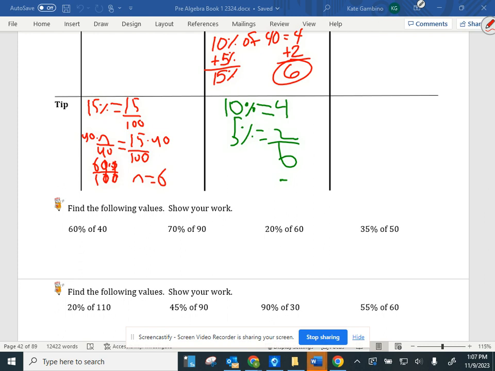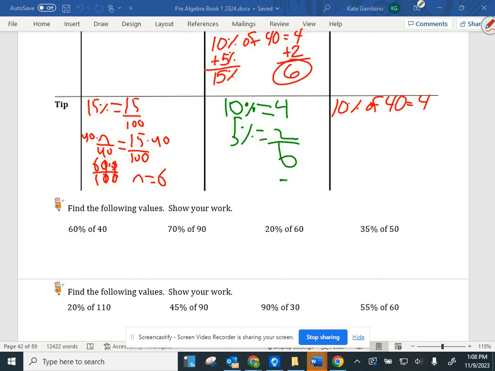I did something different, so let me show you how Lucas did it. Lucas said, okay, 10% of 40 equals 4. And he said, you know what, I know I want to multiply up, and I need to get to 15%.